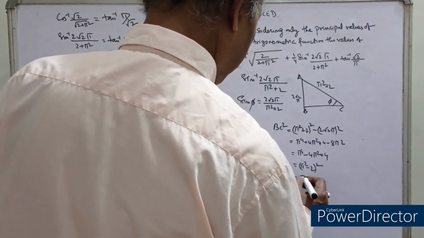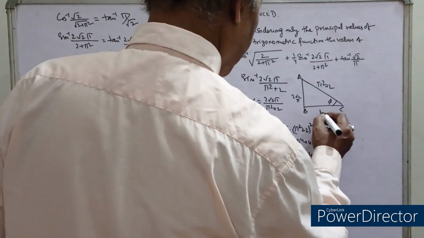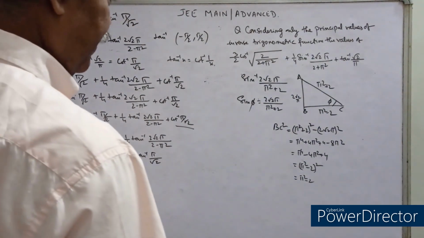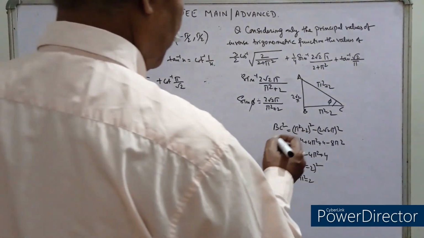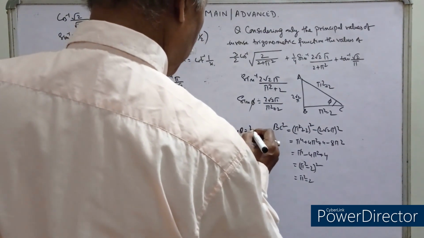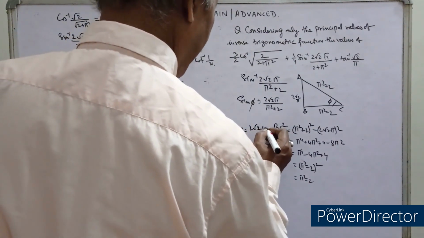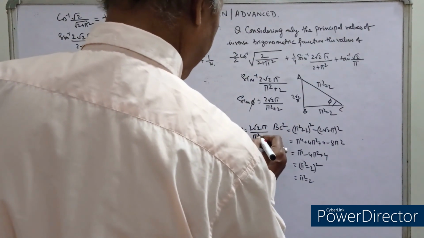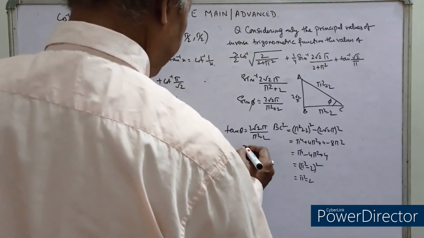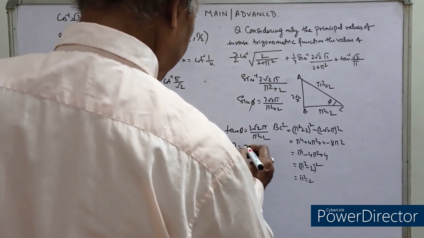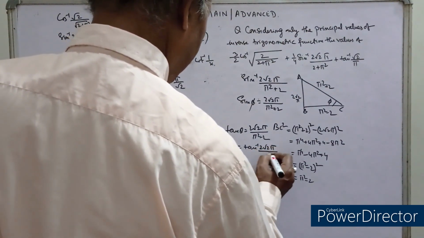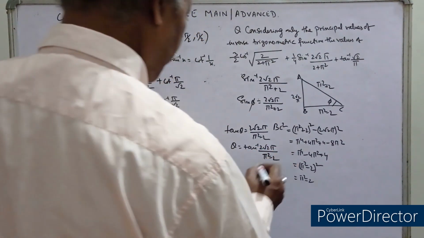So BC will be pi square minus 2. Then tan theta will be 2 root 2 pi by pi square minus 2, so theta will be tan inverse 2 root 2 pi by pi square minus 2.